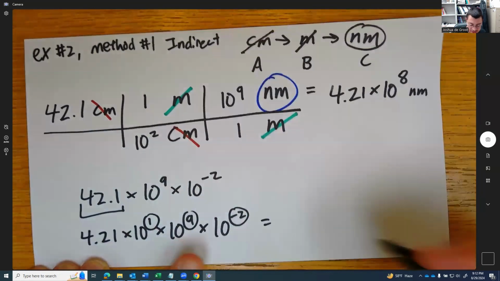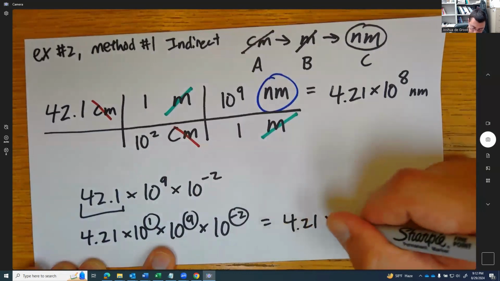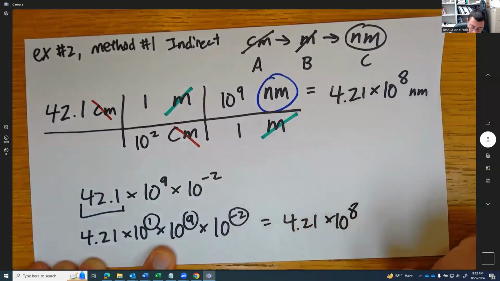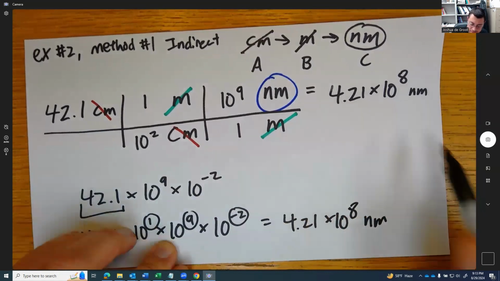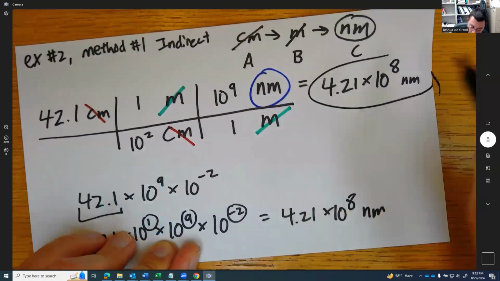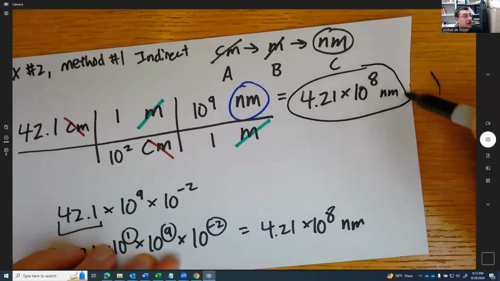Minus 2 is 8. All right, nanometer. Okay. Oh no, I drew on my desk. Okay, but there's the answer.